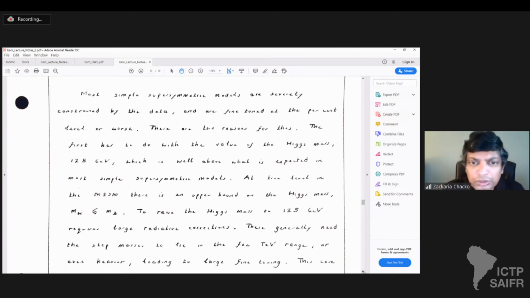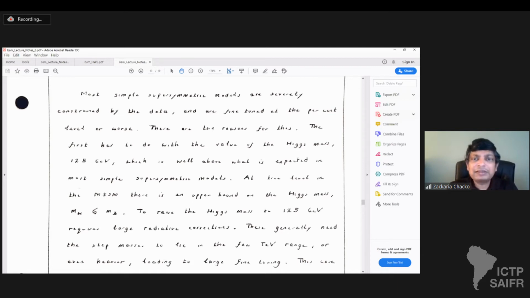So one last slide on SUSY. I told you all the good things. So let's move forward to the present day. Most simple supersymmetric models are severely constrained by the data and are fine-tuned at the percent level or worse.